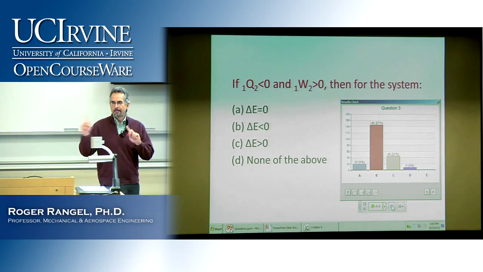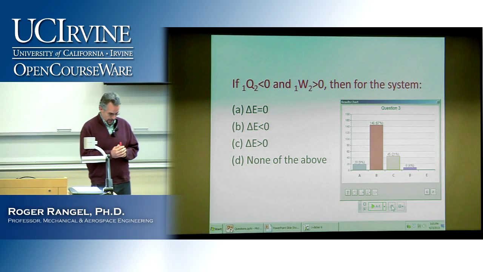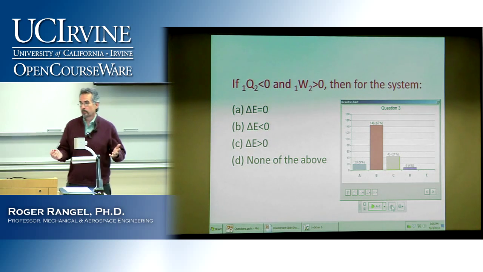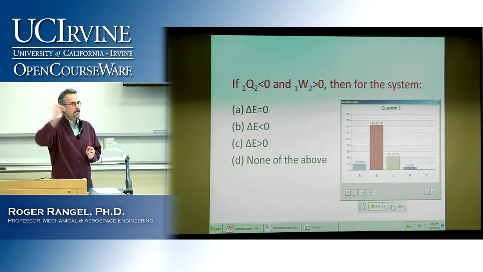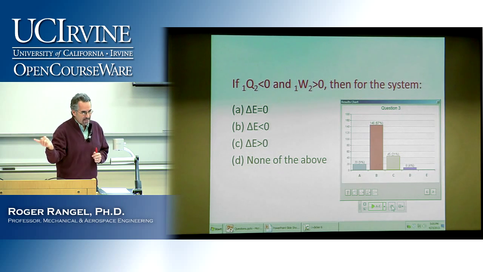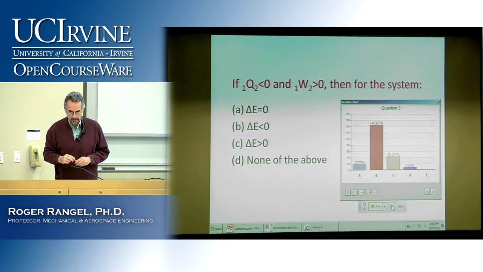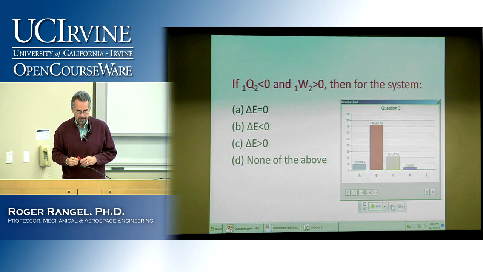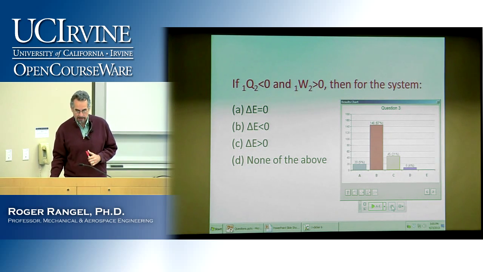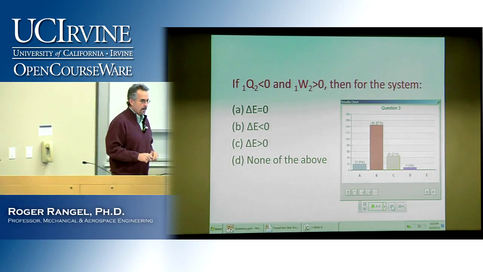The system. So both cases contribute to a loss in internal energy or total energy, because heat is going out and also energy is being spent in doing work. So the total change in energy is negative. There has to be a decrease in total energy. That's a direct application of the first law.